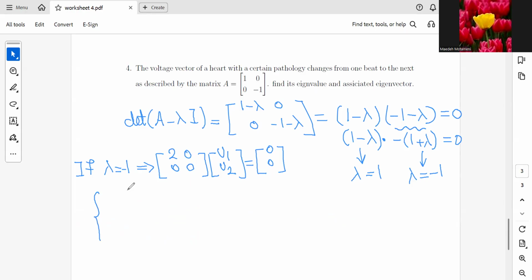And the equations are 2v sub 1 equals 0, 0 is equal to 0, so this is always true. And the second one is v sub 1 equals 0. So if we pick v sub 2 as a number, like 1, v would be 0, 1, and this is the eigenvector related to the eigenvalue.